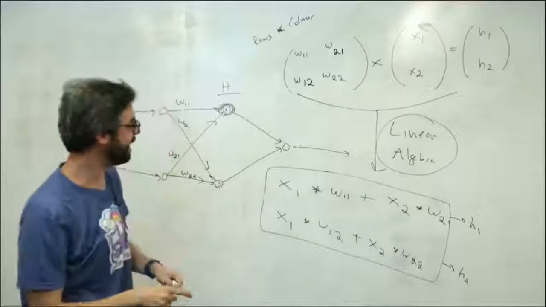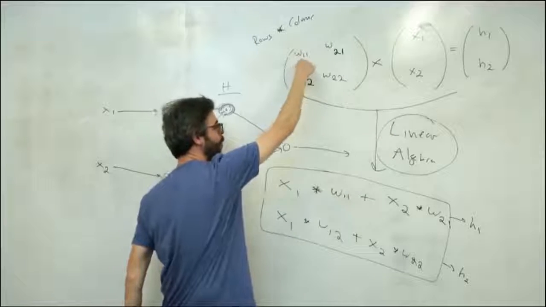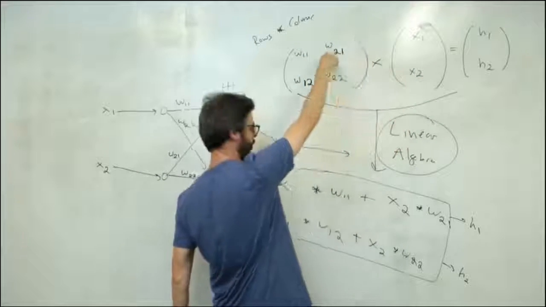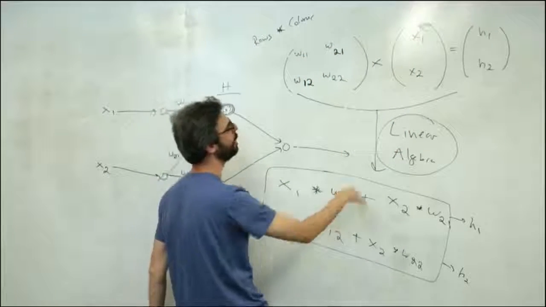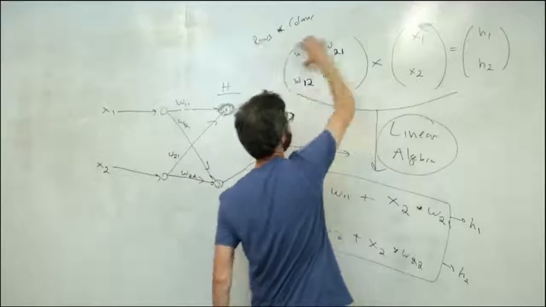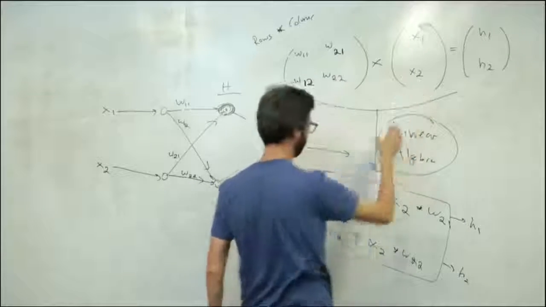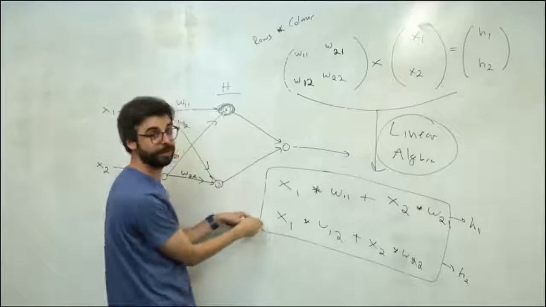The reason is this should be x1 times w11 plus x2 times w21, which is written right here. So in that matrix math, which I'll go into in more detail in the next video, we take this row and multiply it by this column, and this row and multiply it by this column, and you can see that's what these two things are.